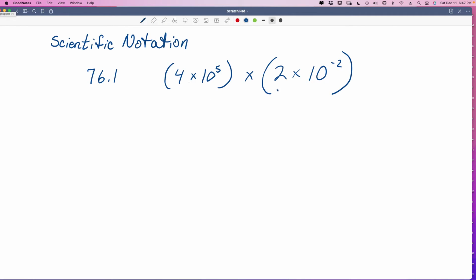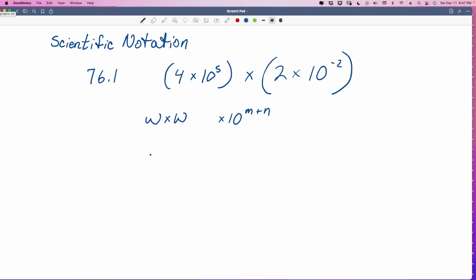Let me show you again how that would work. Let me break it down for you. You take the whole number times the whole number. Okay, then you say times 10, and you take the exponent of the first one plus the exponent of the second one, m plus n.